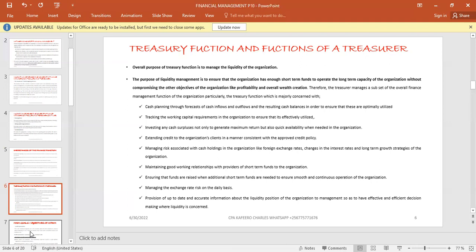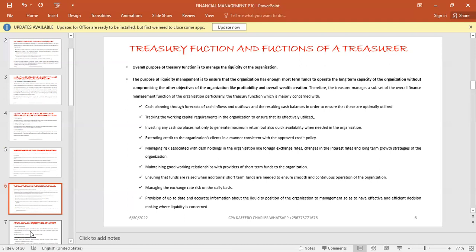And we are saying that the treasurer manages the subset of the overall finance management function of the organization, particularly the treasury function, which is majorly concerned with certain activities.